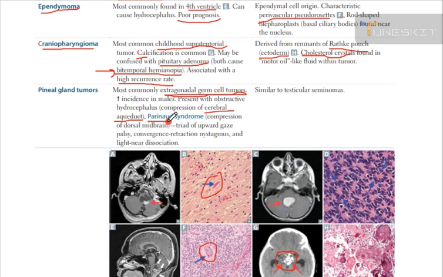So this is called Parinaud syndrome, compression of the dorsal midbrain.